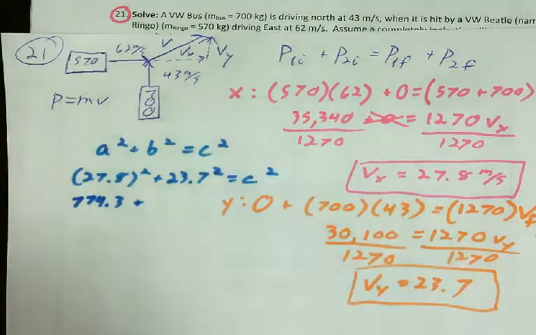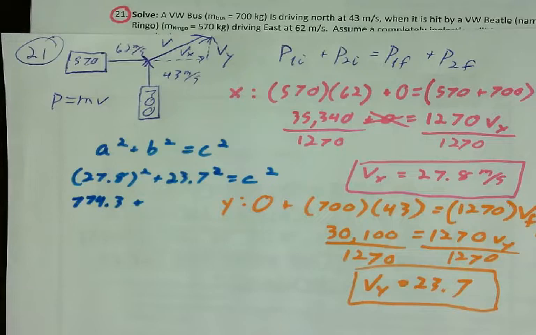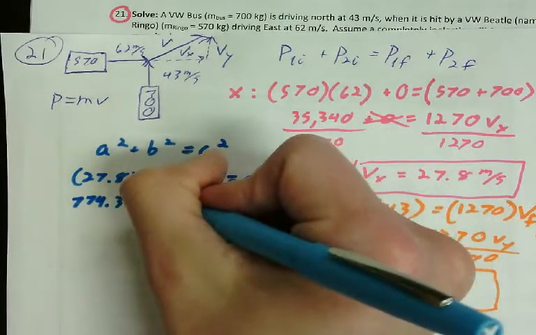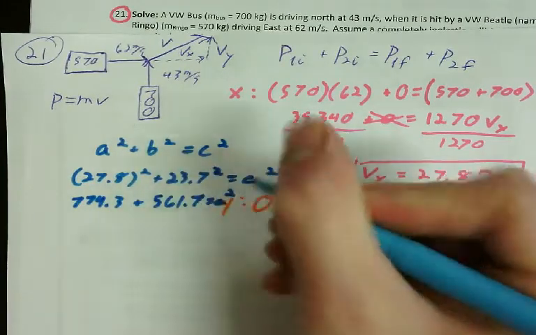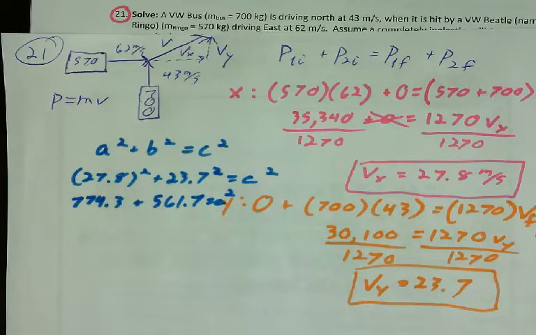So 27.8 squared is 774.3, and 23.7 squared is 561.7. So add those two numbers together.